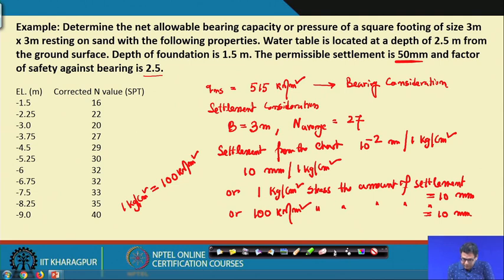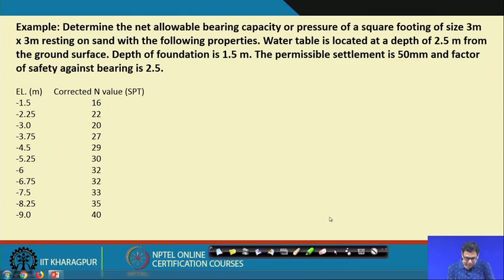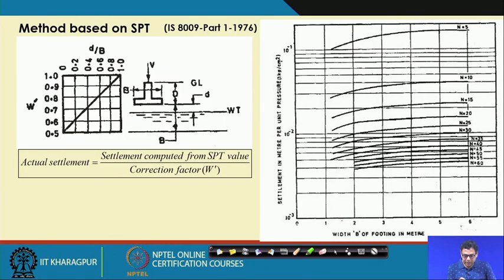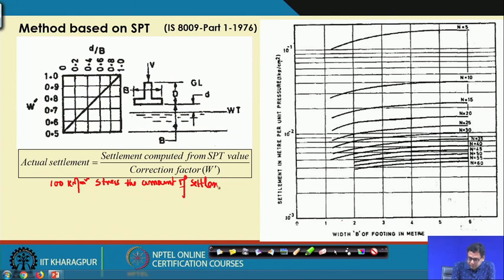So, now from here we will start the other things, and we will go for this chart. This chart we know, and it is given that for 100 kilonewton per meter square stress, the amount of settlement is 10 millimeter.